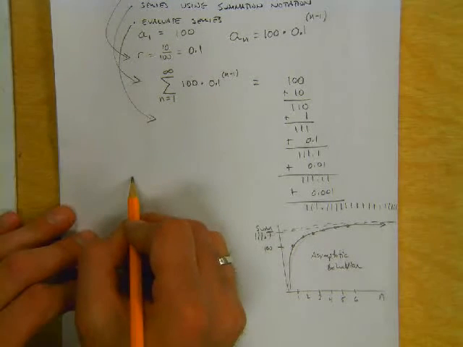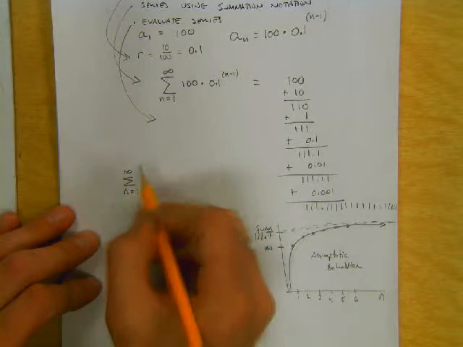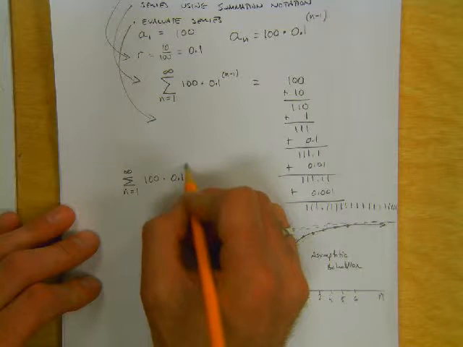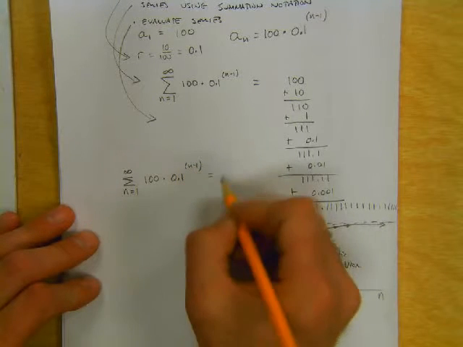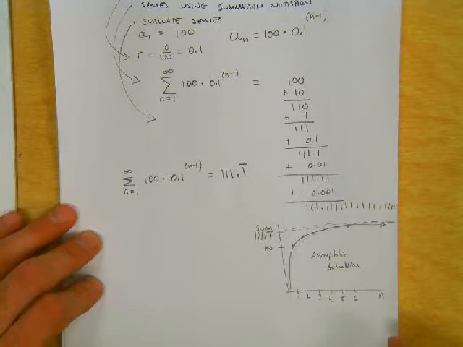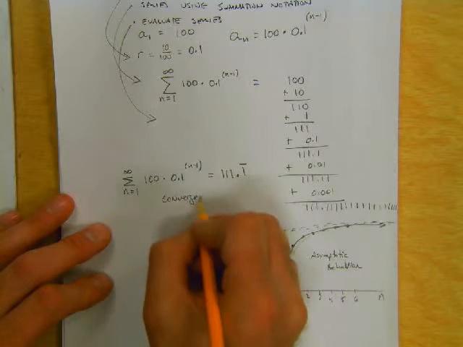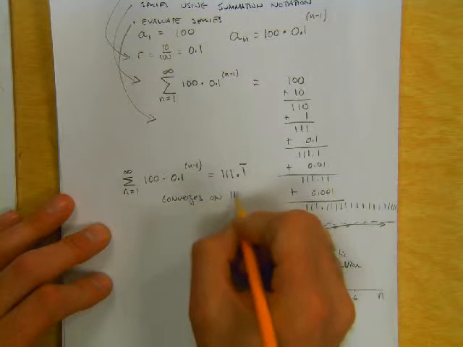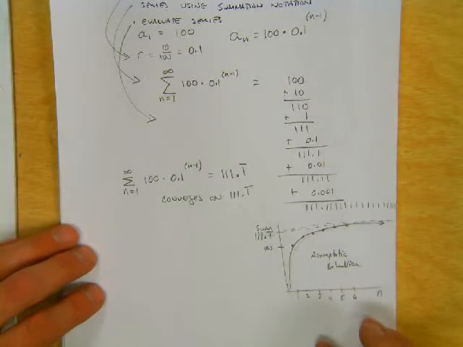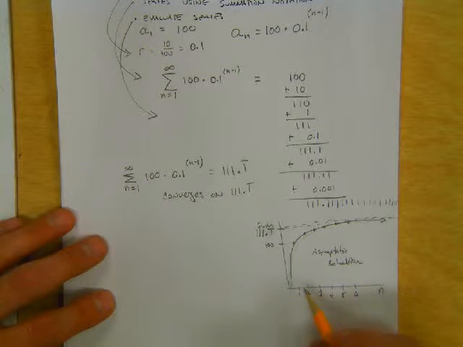So this is what we would write. We would write the sum of n equals 1 to infinity of 100 times 0.1 to the n minus 1 is equal to 111.1 repeating. The sum converges on 111.1 repeating. Now, in our previous example, we had a sum that did the opposite.